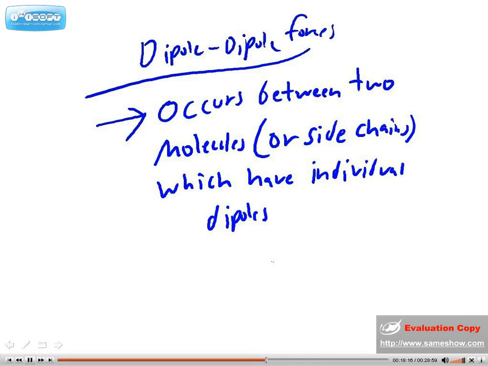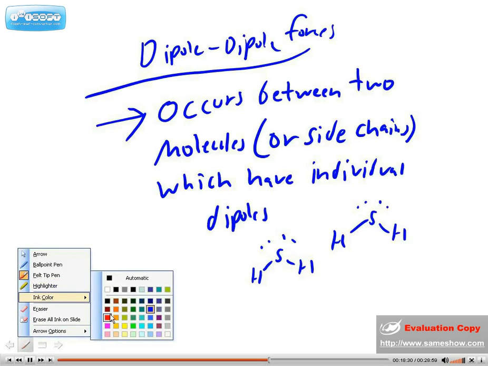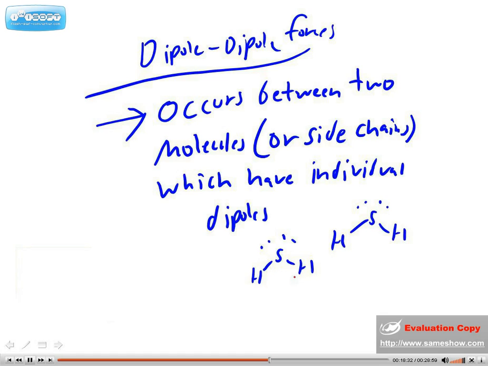Just to give you an example, I could have something like this. This is hydrogen sulfide. It turns out that sulfur is more electronegative than hydrogen. Consequently, you're going to have an overall dipole.